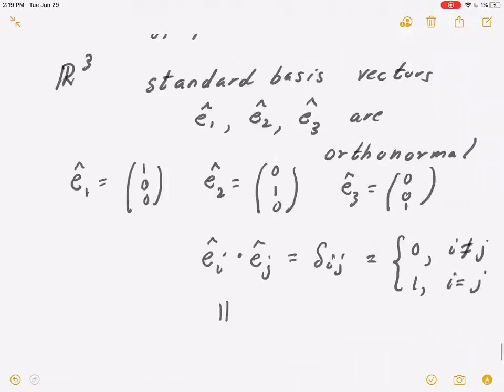That just says they're orthogonal, but there is something even more powerful. Not only are these vectors orthogonal to each other, but the magnitude, length, or norm of each one of them is 1. Please check this. These are easy things to verify.